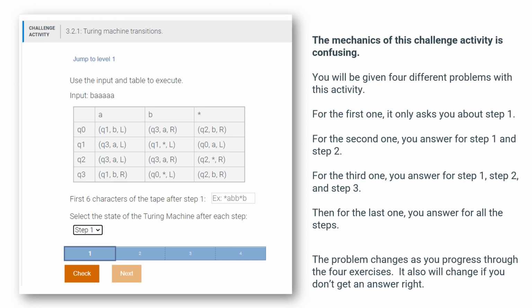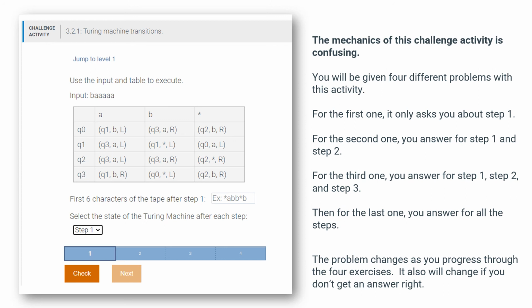But when you check your answer and find out you're right, then you can go on to the second problem. It's going to give you a brand new problem. The input value will be different, and it might very well be a completely different transition table.